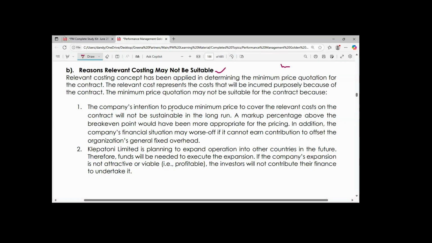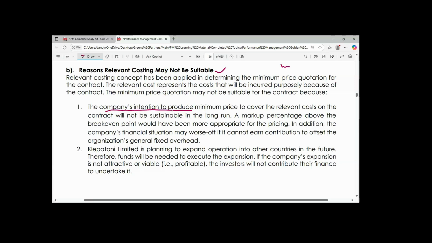The relevant cost represents the cost that will be incurred purposely because of the contract. The minimum price quotation may not be suitable for the contract because, one, the company's intention to produce minimum price to cover the relevant cost on the contract will not be sustainable in the long run.